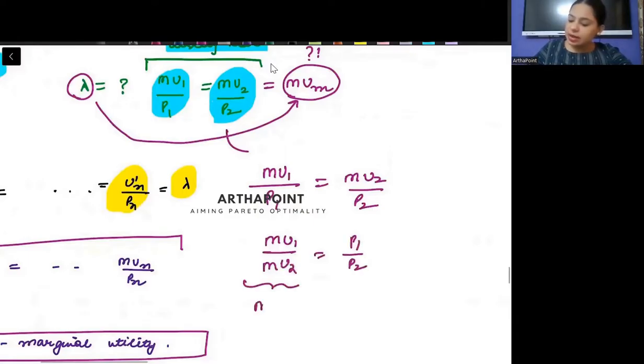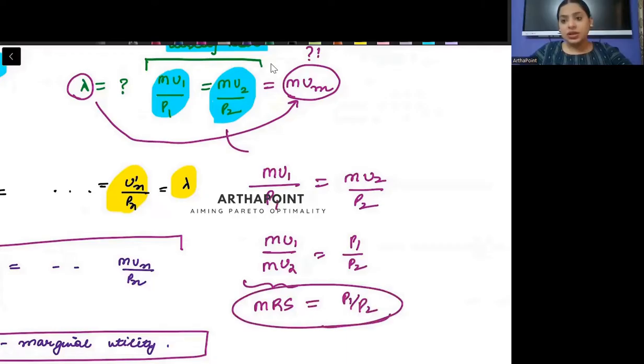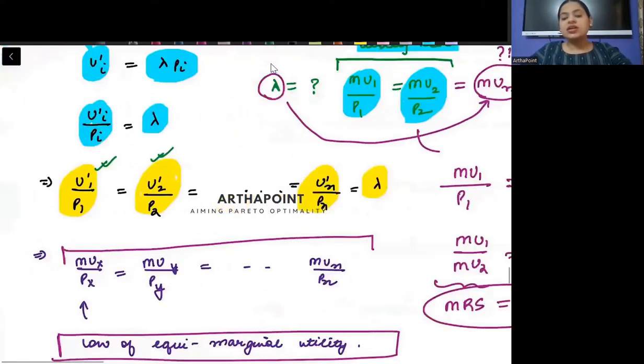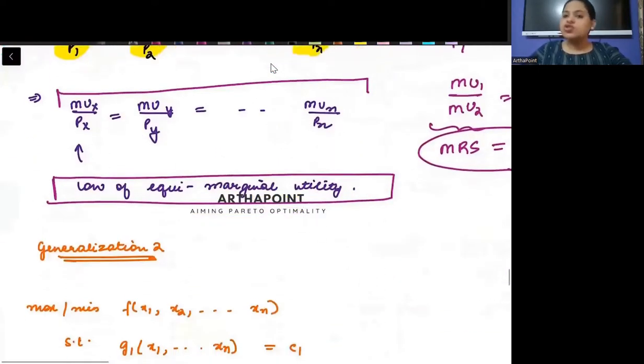But this is nothing but the MRS, the slope of your indifference curve, and this is nothing but the slope of the budget line. So won't you get these two being equal? Yes, you would. So that is another aspect of this generalization.